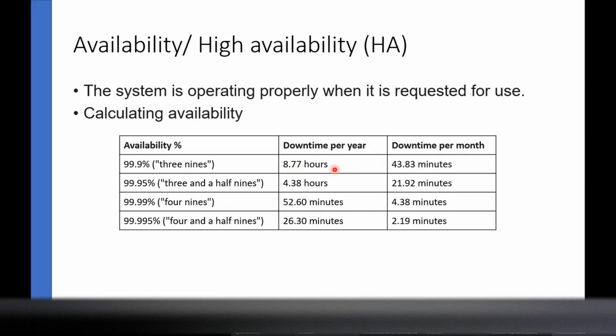That means the system is not working for only 8 hours in the entire year. And for a given month, it's 43.83 minutes. Now you might realize, if availability is 99.9, there's still 43.83 minutes of downtime per month.